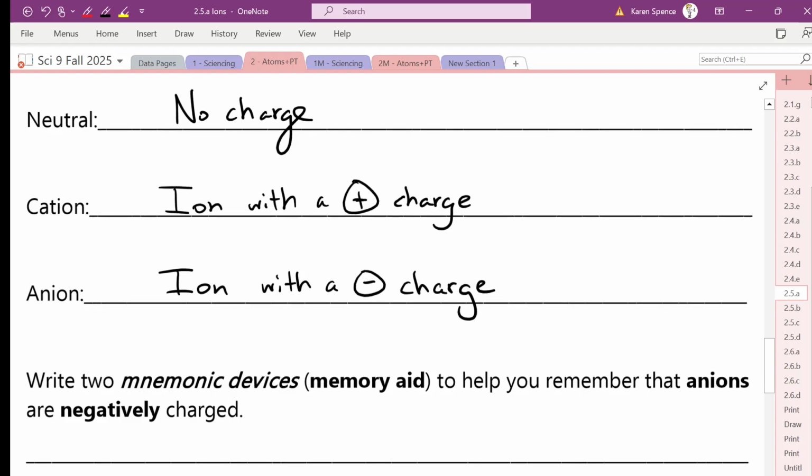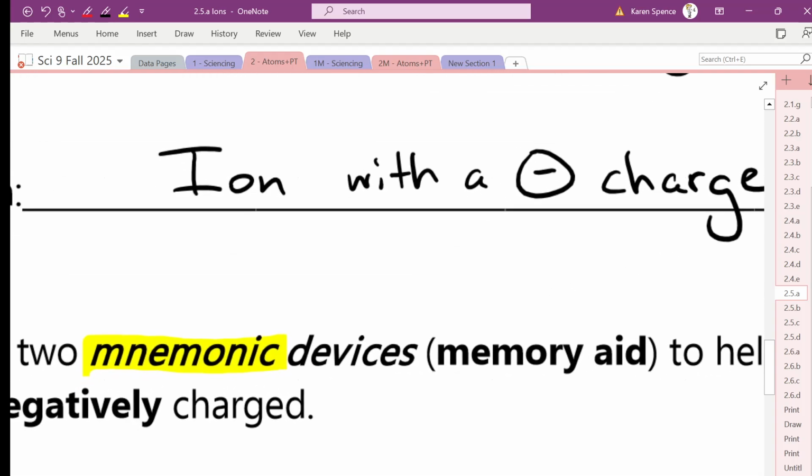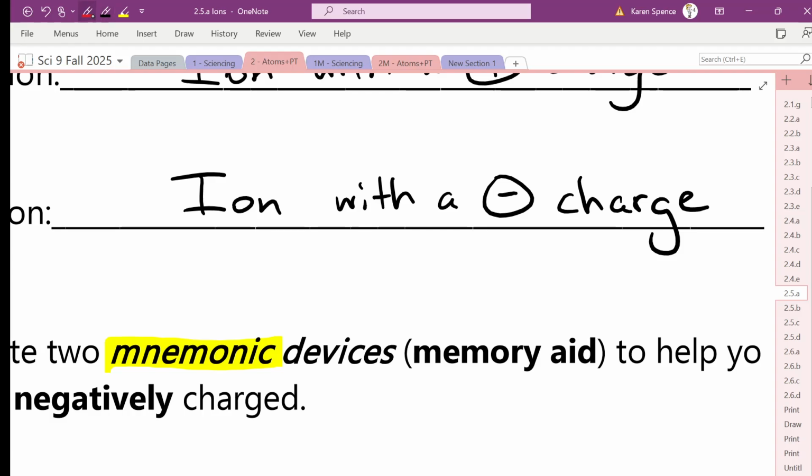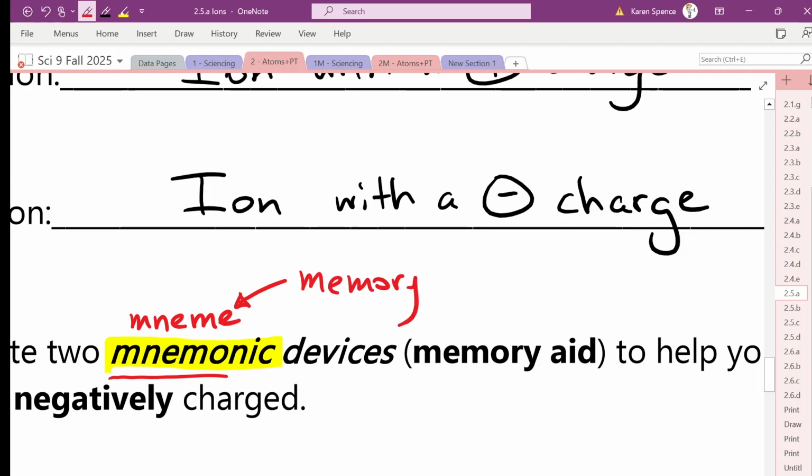Now, just in case you hear me say this word, mnemonic, that is from the Greek mneme, which is to do with memory. So if you ever hear someone talk about a mnemonic device, they just mean a memory device, okay?